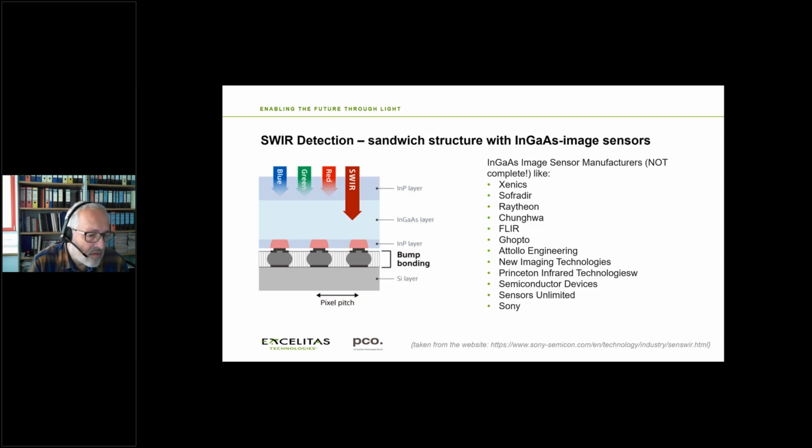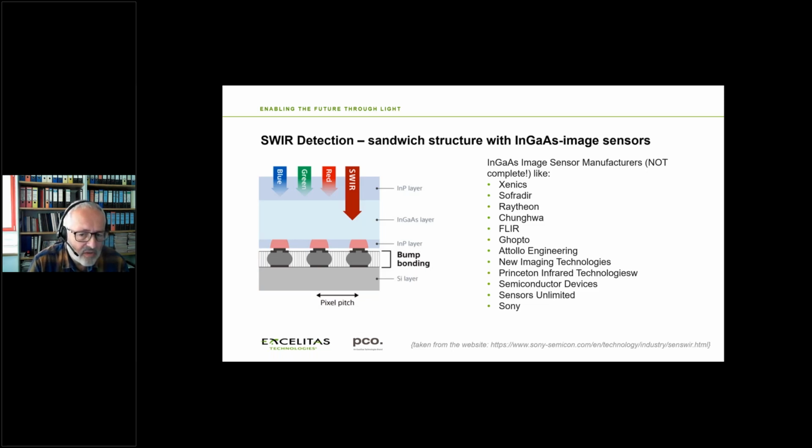Therefore, in all cases, a SWIR-sensitive image sensor is made of a sandwich structure. You see on the left-hand side a larger indium-gallium arsenide layer, which has a band gap that is small enough such that the radiation energy of the shortwave infrared radiation is large enough to generate the charge carriers, while the charge carriers subsequently are guided through these vertical bumps to be processed by a silicon readout circuit.